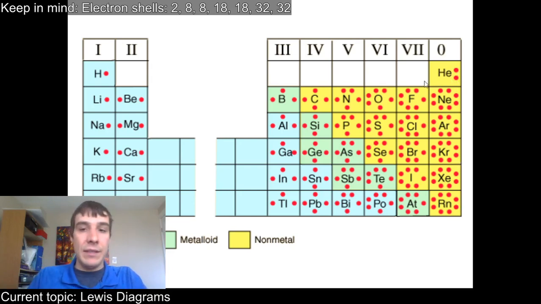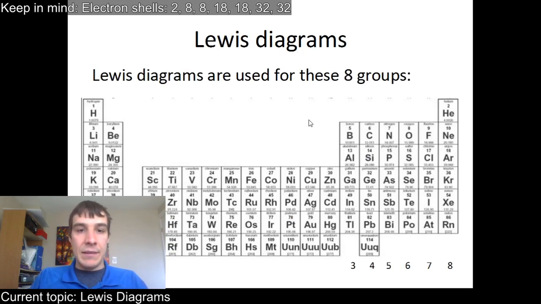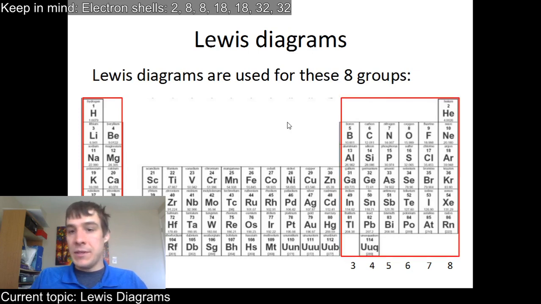So there's this really, really nice shortcut to drawing Lewis structures for your atoms. Lewis diagrams are used for those groups and those groups. Everyone here has 1, everyone here has 2, everyone here has 3, everyone here has 4, 5, 6, 7, 8. According to Bohr-Rutherford, krypton should have 18 in its valence shell, and the xenon should have 18, and the radon should have 32 in its valence shell.